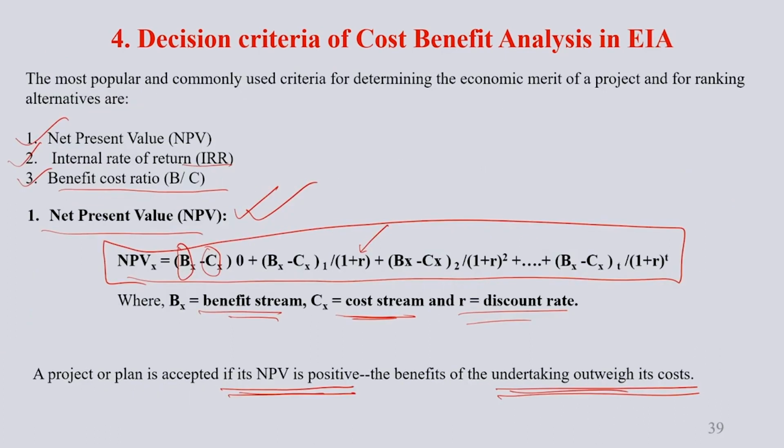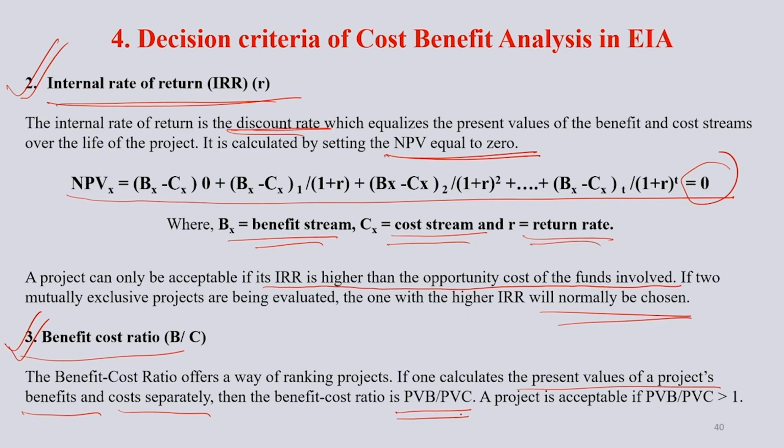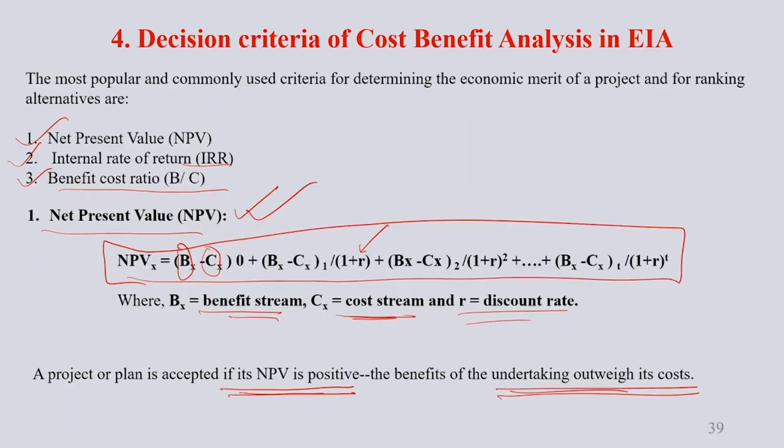So, PVB by PVC is your benefit cost ratio. A project is acceptable when PVB by PVC, the present value of benefits to the present value of costs, is greater than 1. Clear?